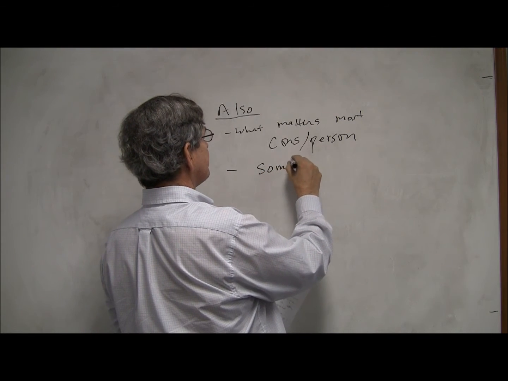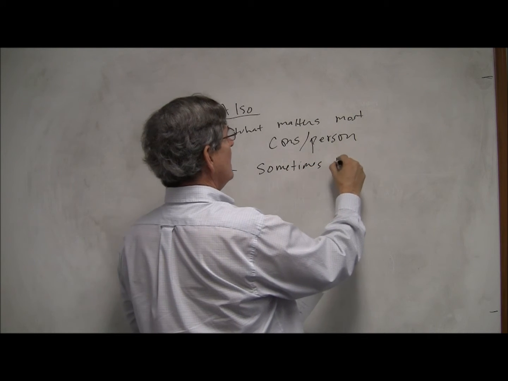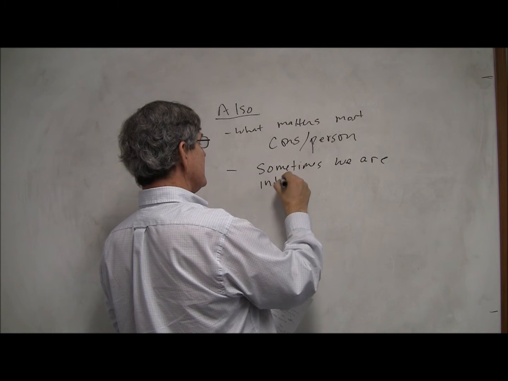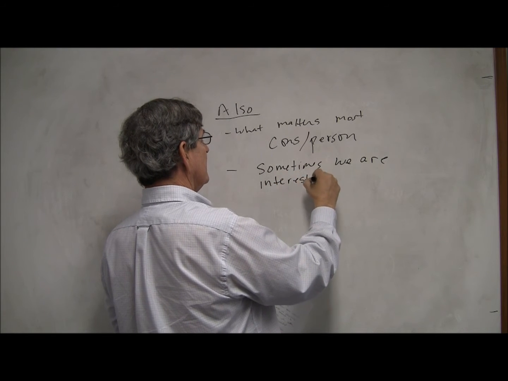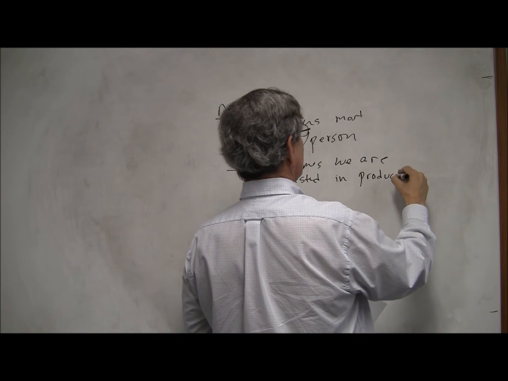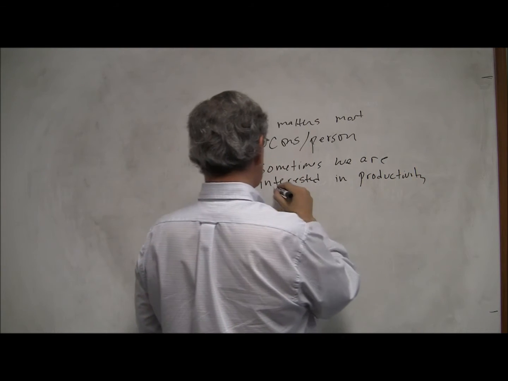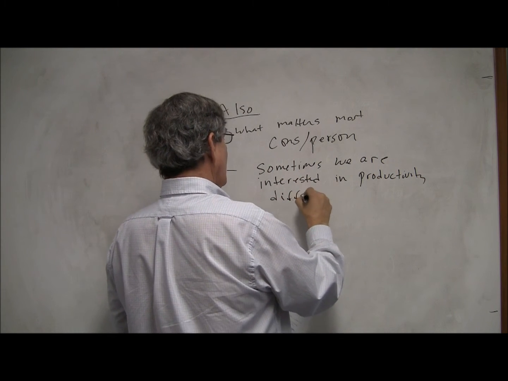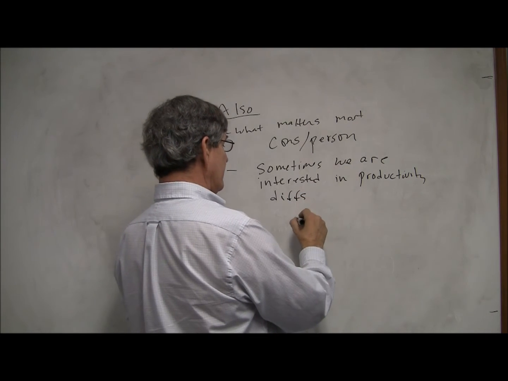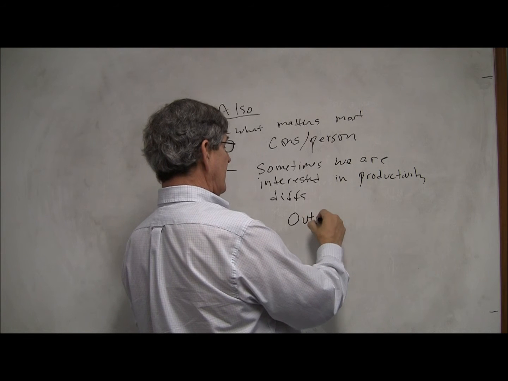Sometimes we are interested in productivity differences. And in that case, there's two measures that are used. Output is GDP.